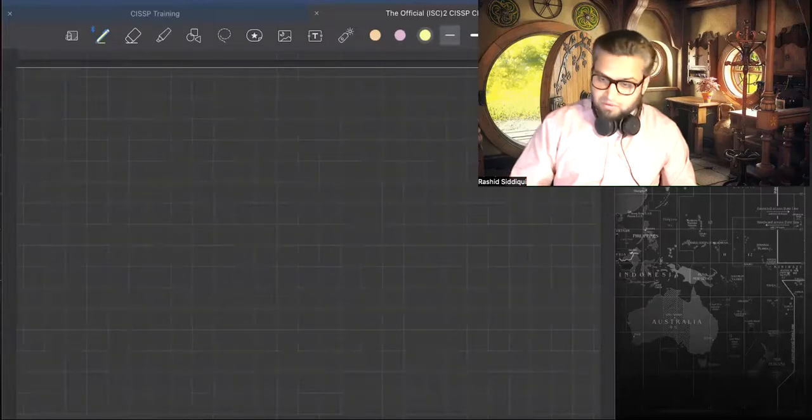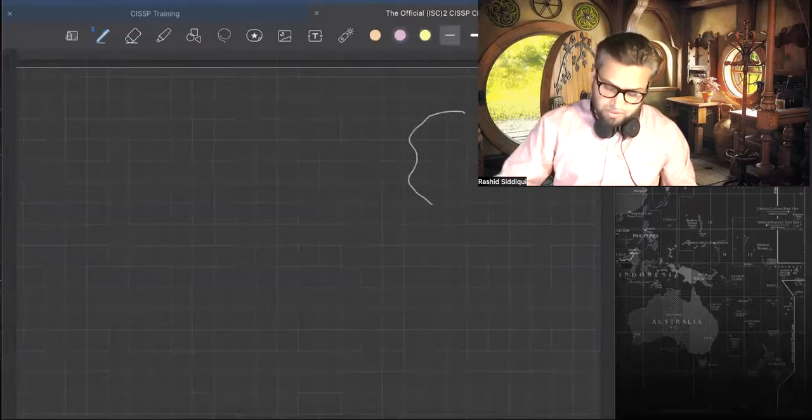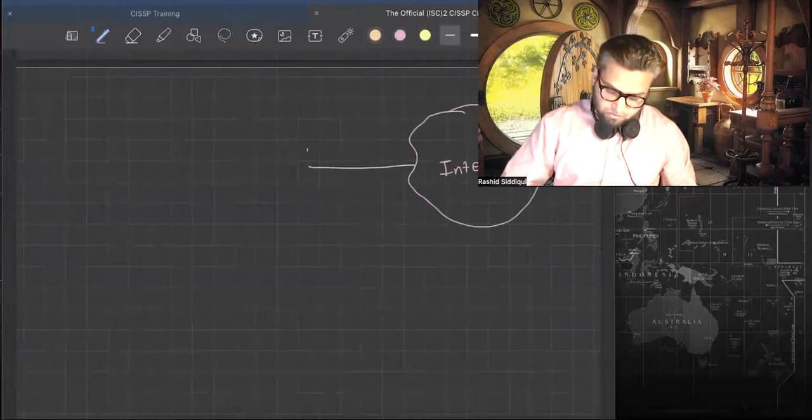So I will go with my favorite architecture, my favorite network diagram, which I always draw. We take an example of a company which is connected to the internet. I will quickly draw it.